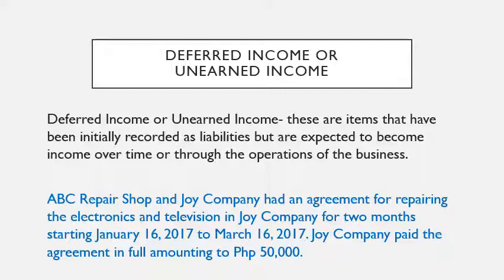If we analyze this transaction, ABC and Joy Company have an agreement that ABC will fix the electronics and television of Joy Company for 2 months. Joy Company already paid 50,000 for their agreement, which runs from January 16 to March 16. Okay?